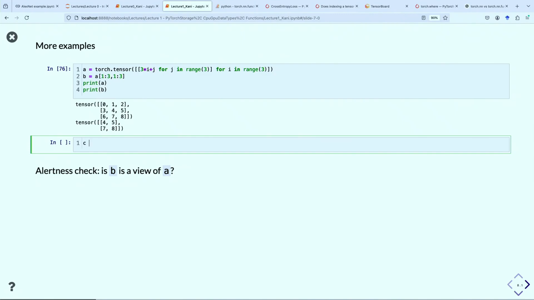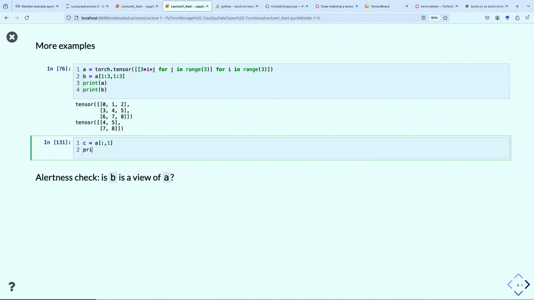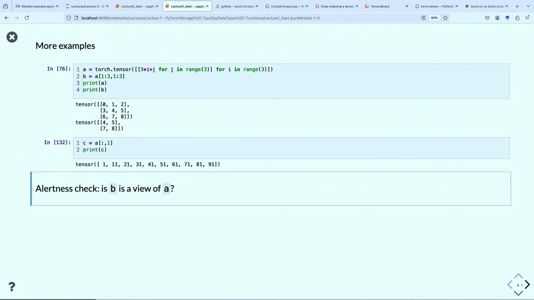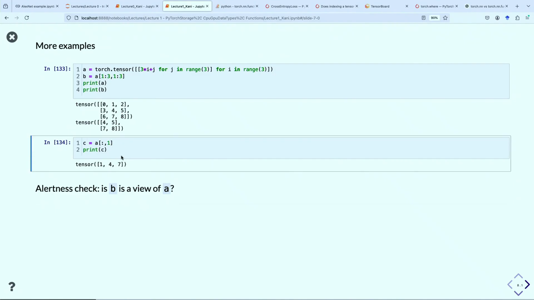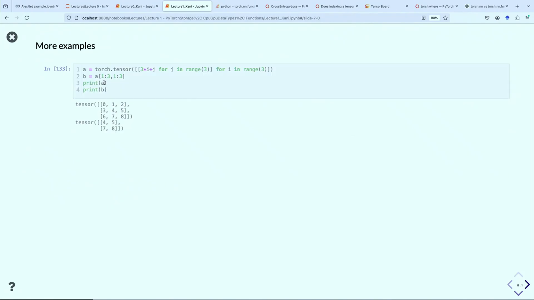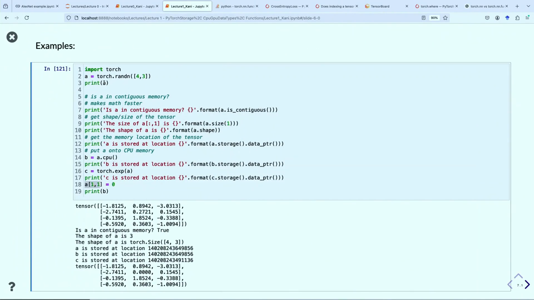say C is equal to A[:, 1]. Print C. So that makes sense. Now, what was the data pointer?